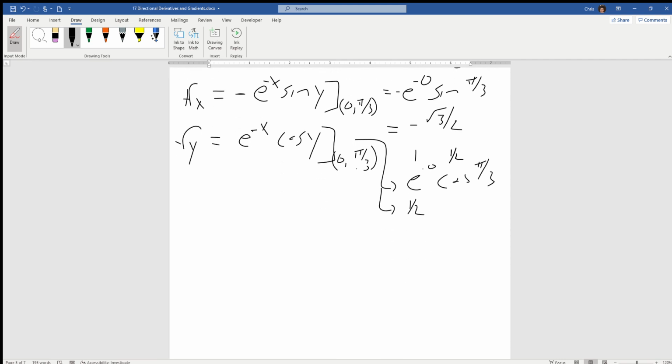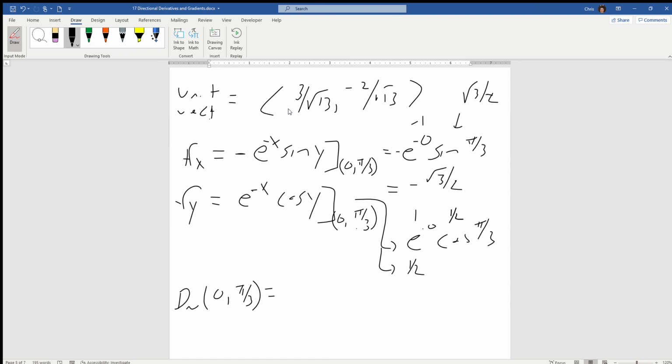And finally, our directional derivative, D sub u, at the point (0, pi/3), is going to be equal to the first component of our unit vector, 3 over root 13, times our derivative of f in the x direction, which is negative root 3 over 2, plus the unit vector in the y direction, negative 2 over root 13, times 1/2, which is our derivative in the y direction.